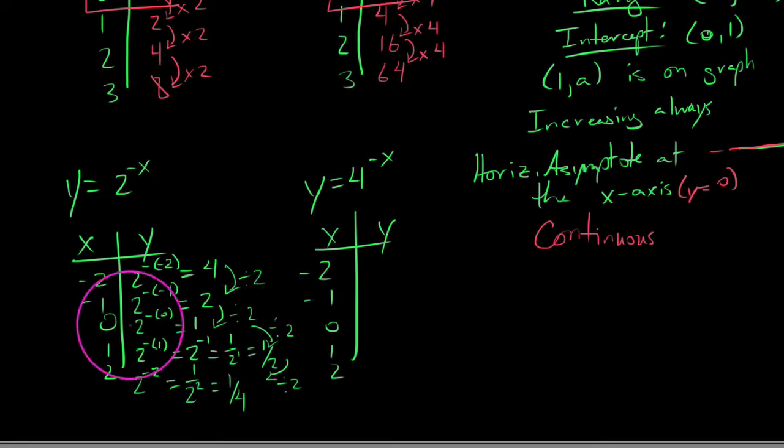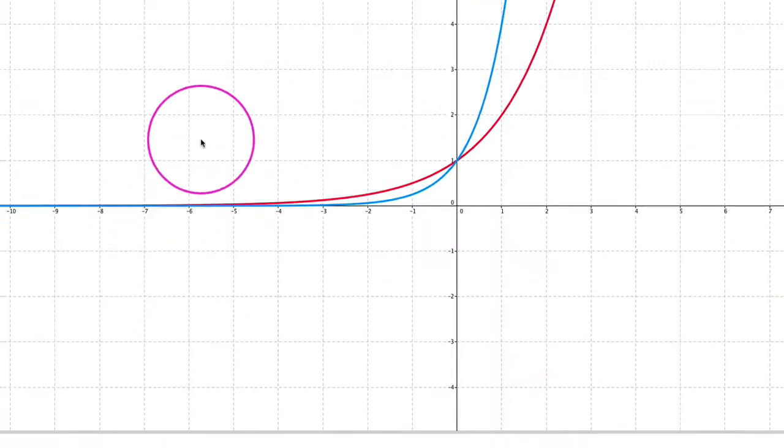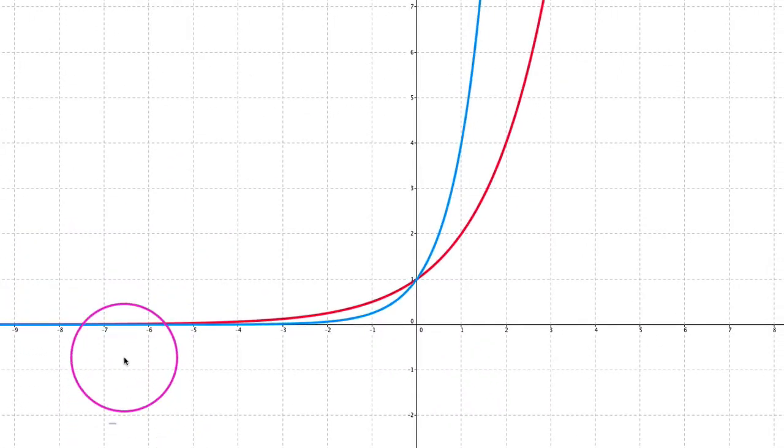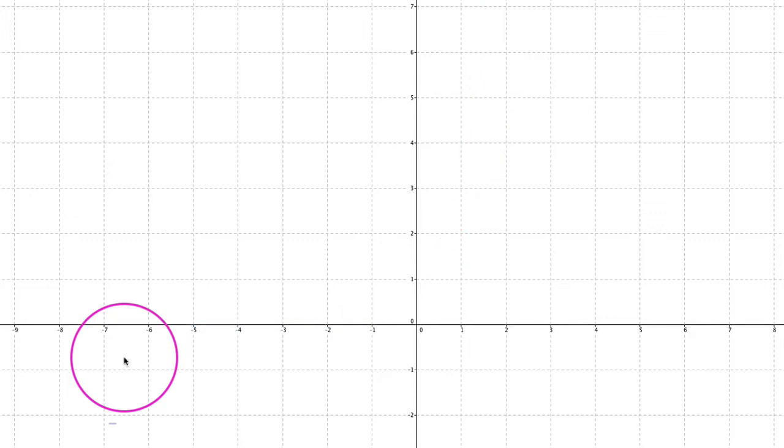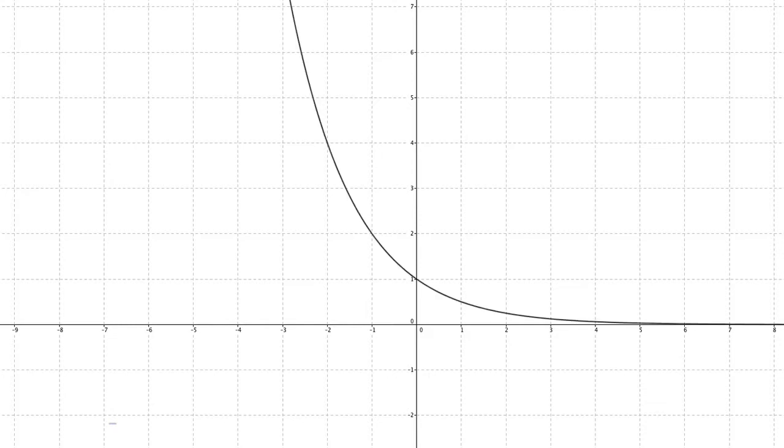But essentially, if we were to take a look at the graph, these would not be forever increasing. Let me clear all this stuff out of the way here. And we will type in f of x equals 2 to the power of negative x. There she is.